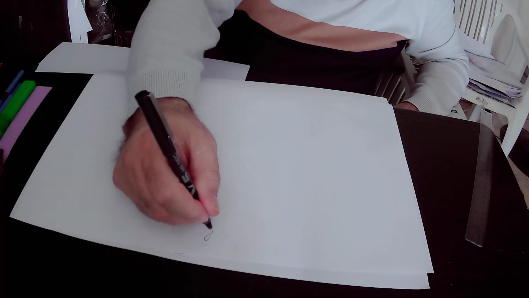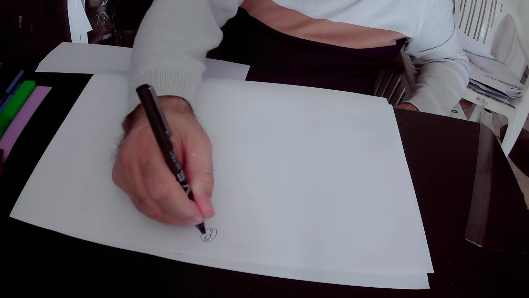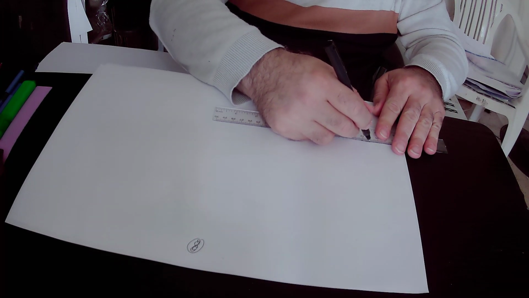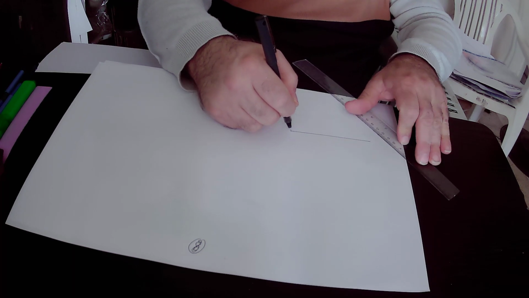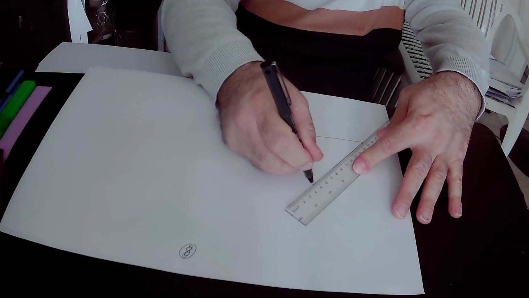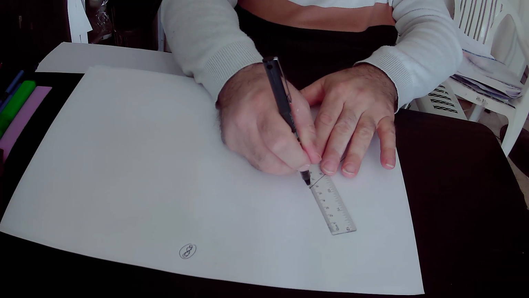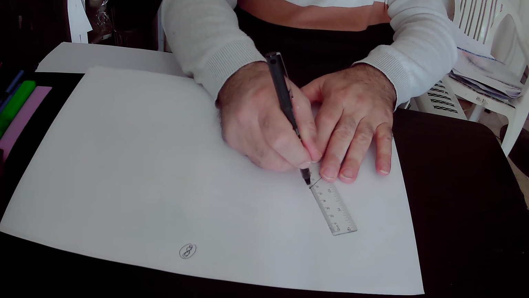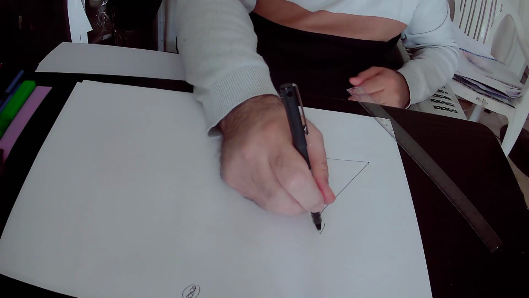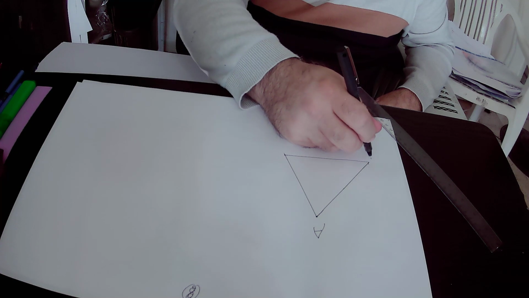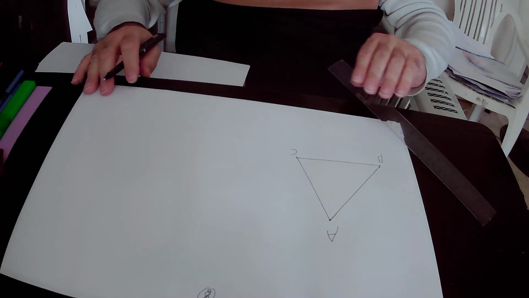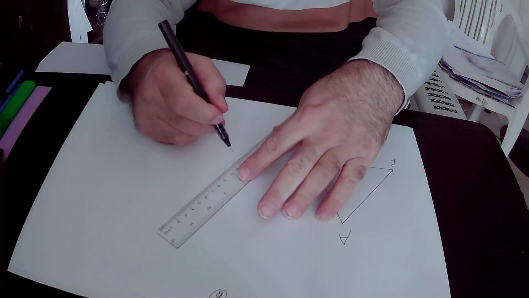triangle ABC, this is triangle ABC, and we also have another triangle, triangle DEF.